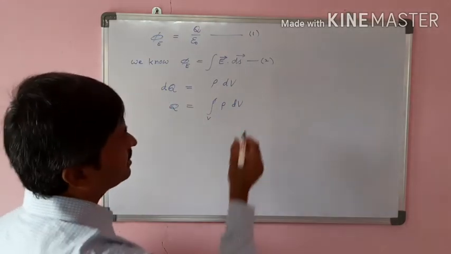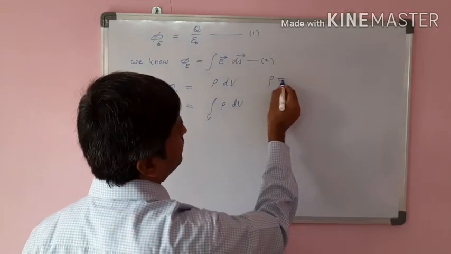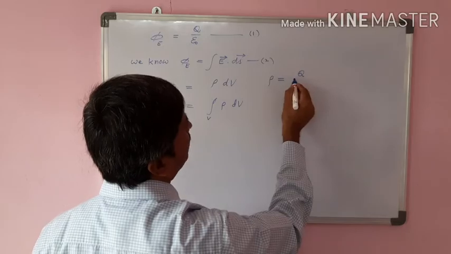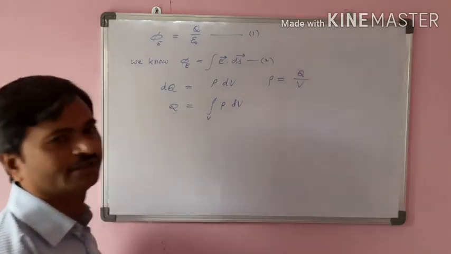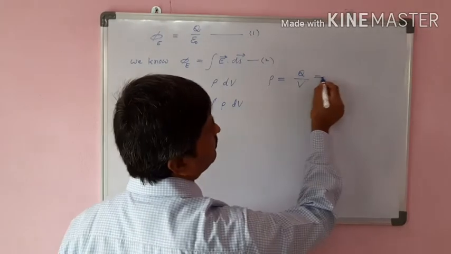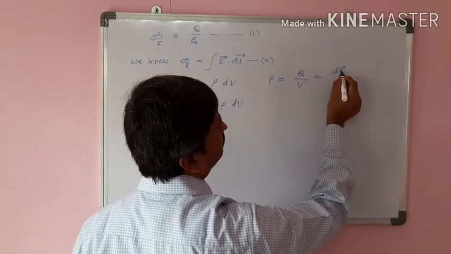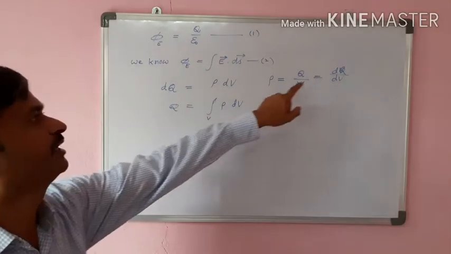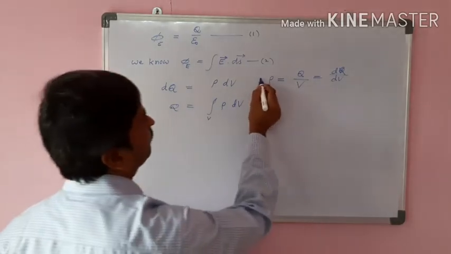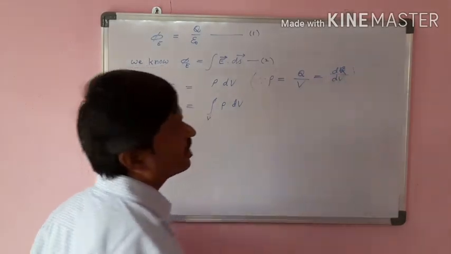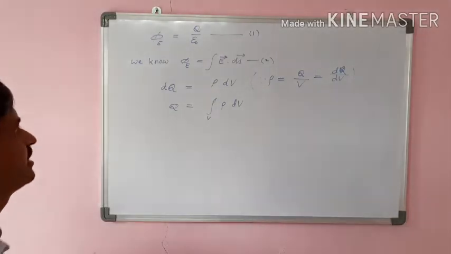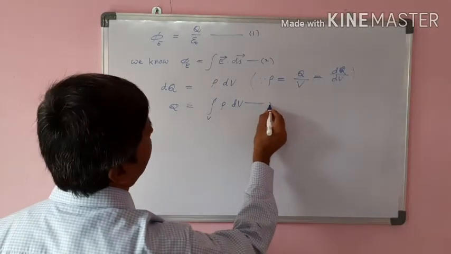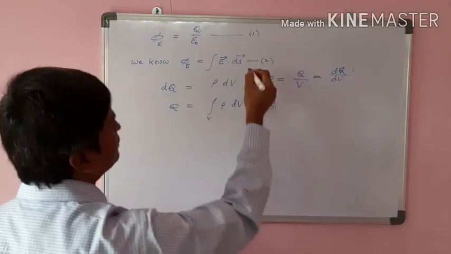Here charge density is defined as charge per unit volume, that is equal to small charge by small volume. So this is how we can formulate dq is equal to rho dv. This we call charge density, volume charge density. This is say equation number 3.